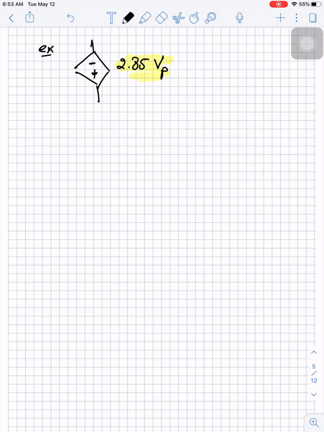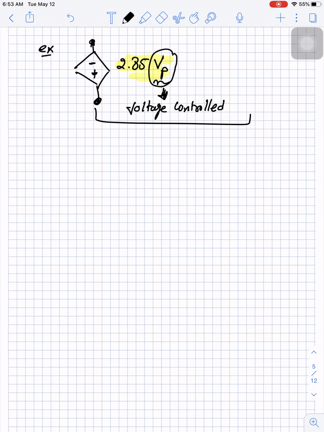So what is the meaning of this? That the voltage difference between these 2 points is a function of another variable called Vp. So once you know Vp, you know this value. And as this value is a voltage, your control variable is voltage. So we name this voltage controlled, because it's controlled by voltage, and the element here is a voltage source, or we give it the symbol VCVS.